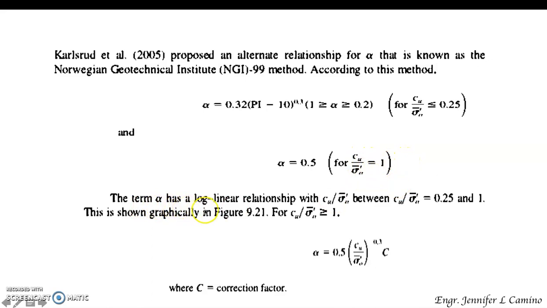So the term alpha has a log linear relationship with C sub u over sigma sub O prime between 0.25 and 1. For C sub u over sigma sub O prime greater than or equal to 1, the value of alpha is equal to this multiplied by C, where C is our correction factor.